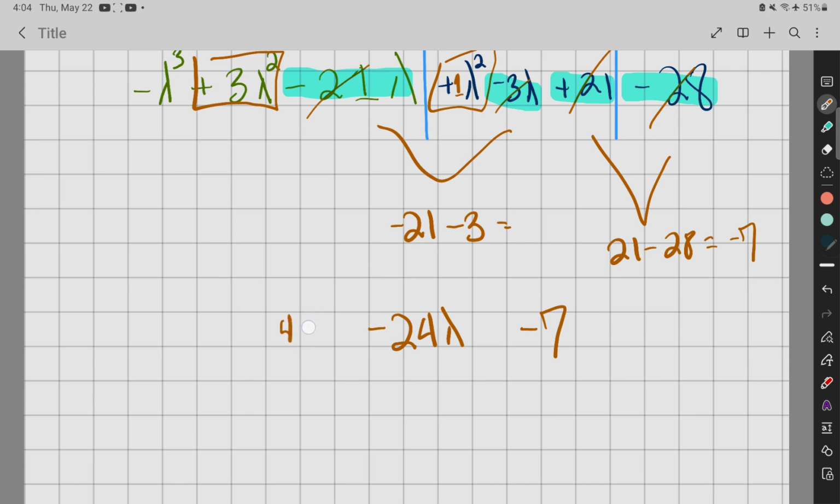So that's 4 lambda squared, and then minus lambda, right?